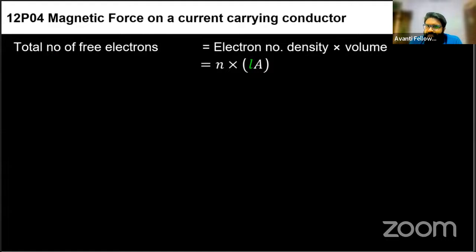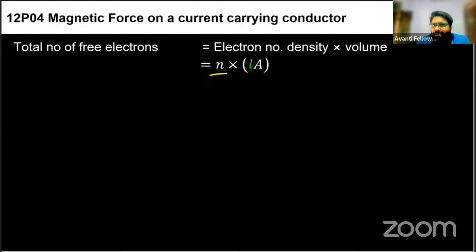Now, magnetic force on a current carrying conductor. First of all, we will calculate how many charged particles we have, because the more charged particles there are, the more magnetic force acts on them. The number density is n, which means number of electrons per unit volume.